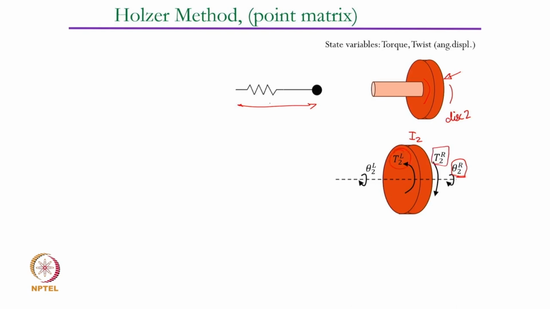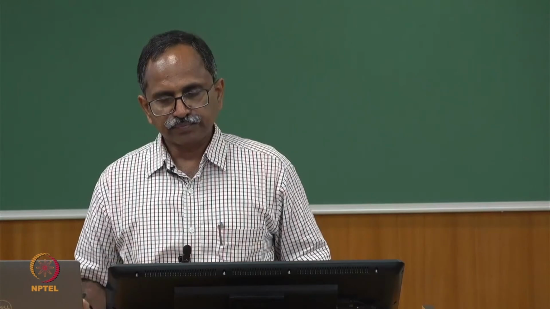T2L will act on the left side of it, and the twist on the left hand side will be equal to theta L2. That is how it is going to be. These two opposing torques are going to keep this in equilibrium.